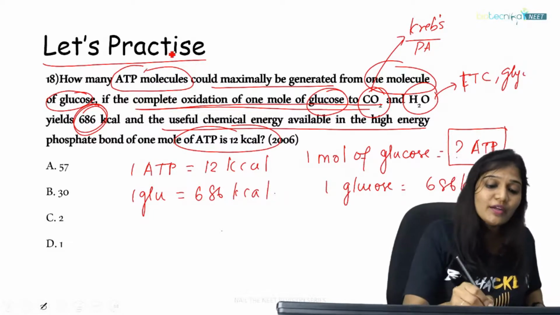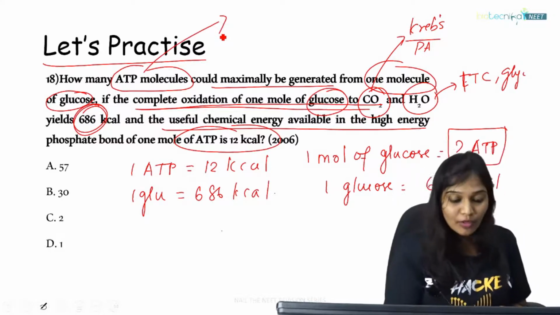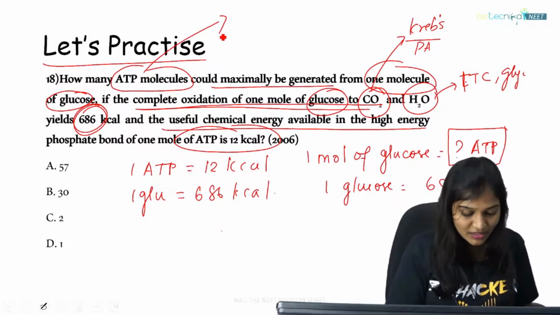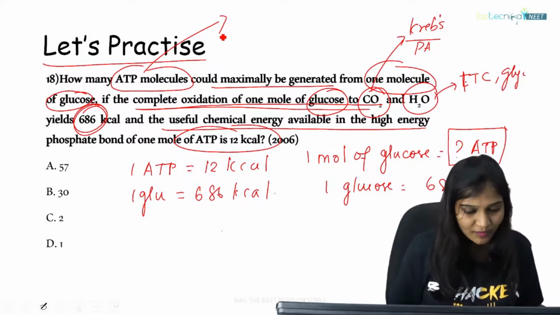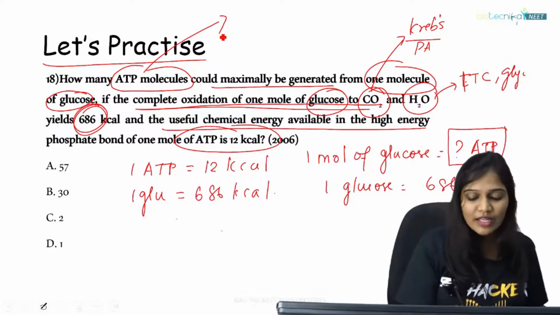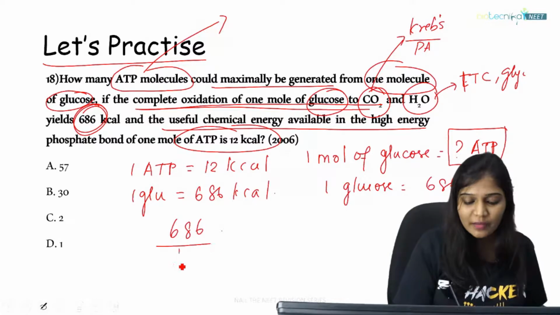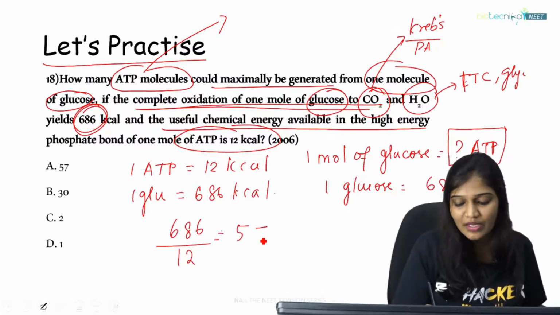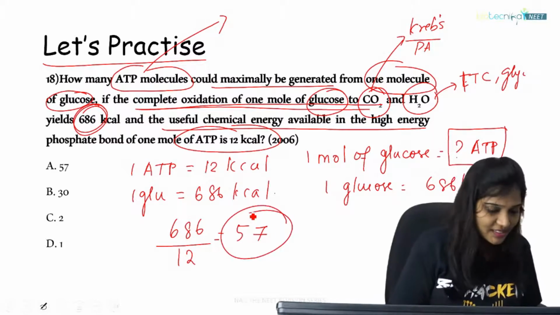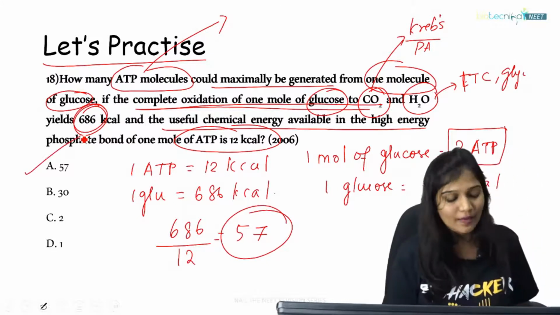Now you have to find out how many ATP molecules. So can anybody answer this question? Anybody? What would be the answer for this question? Okay, very simple. If you have to calculate, just divide 686 by 12, which is going to be 57. So the answer is going to be option A.